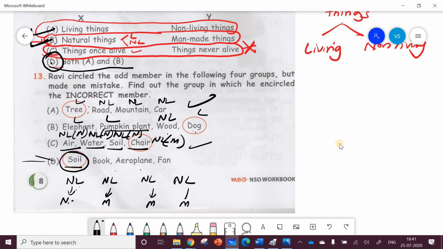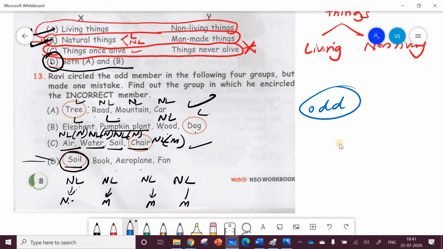What about this one? Elephant is living, pumpkin plant is living, wood is non-living, and dog is living. Which one should be the odd one out here? The D one. How can you explain that soil is the not living thing? The question says that you need to mark the odd one out. Odd one out means it is different.